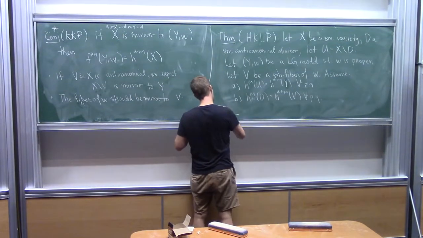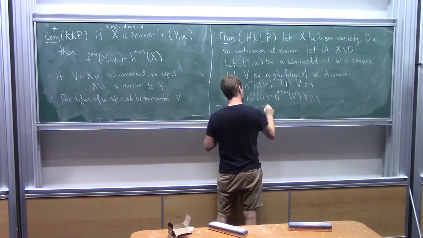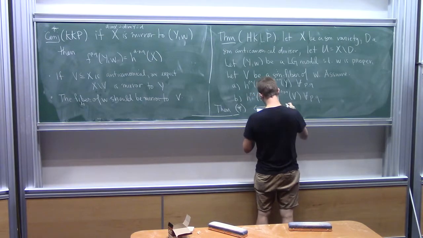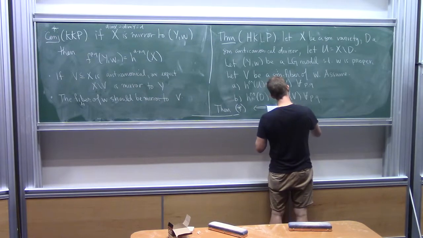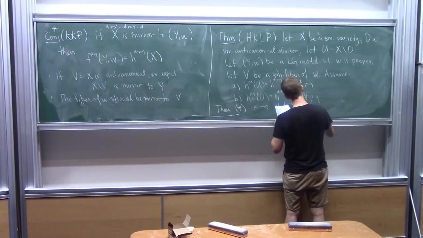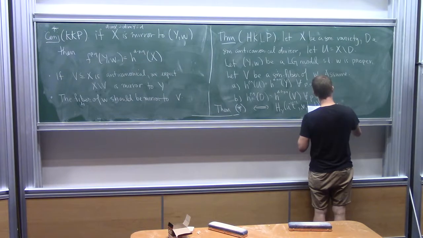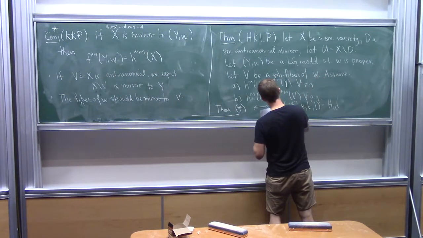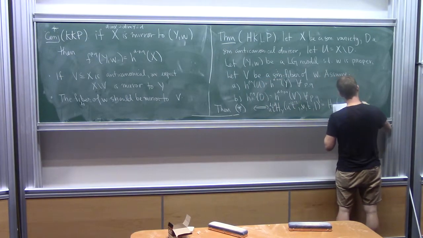So then, conjecture star is equivalent to the fact that H^{Y}(U minus 1, T minus 2, W, V, T 1) is equal to H(U, 1, T, W).